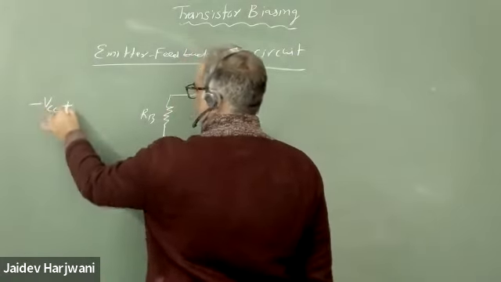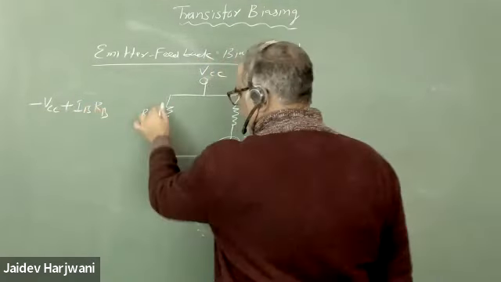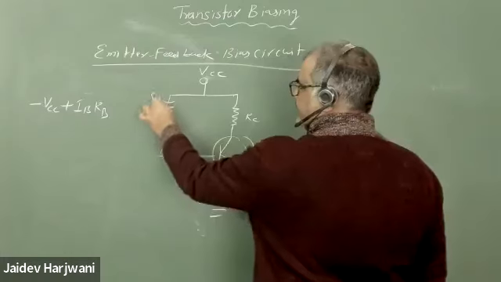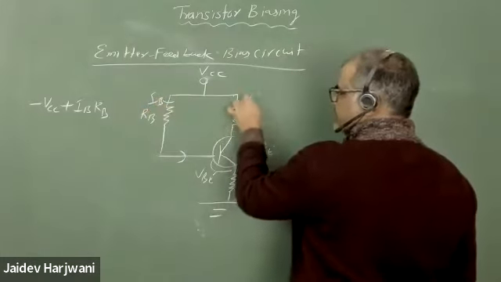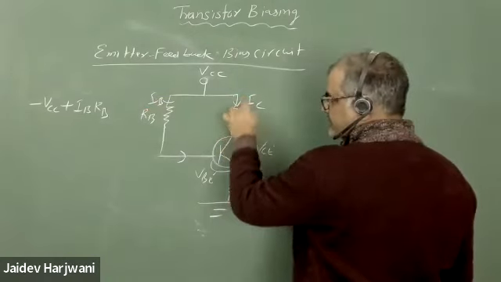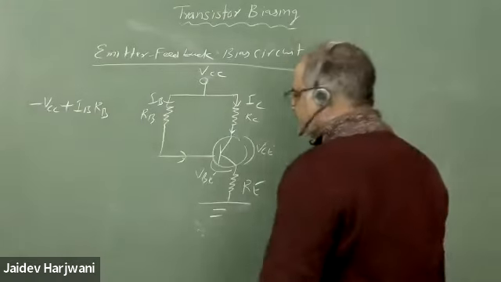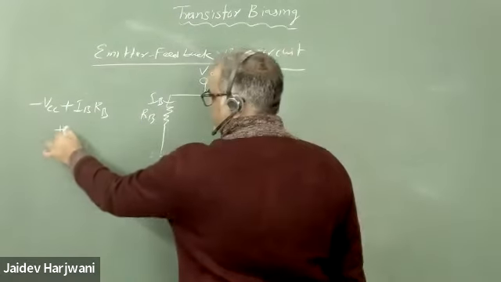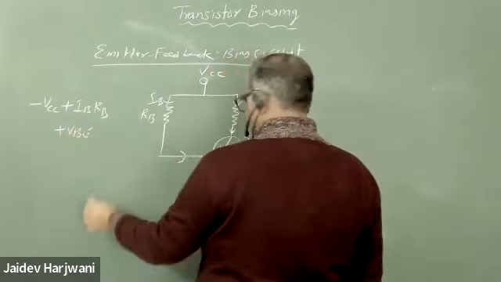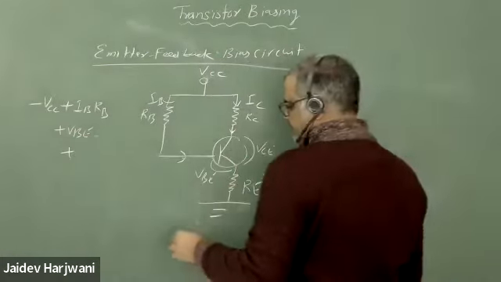Minus VCC plus IB RB. Now the current going here is IB, and this current is your IC. Always see, the same current is going here, so this is IC, and the same current going here is your IB. IB RB plus VB. Now here you have RE also.